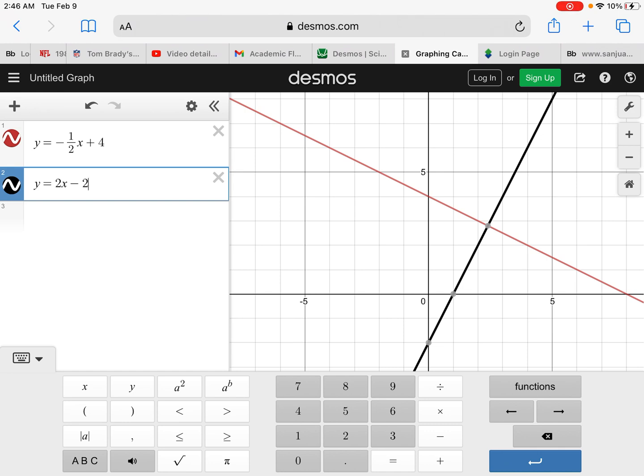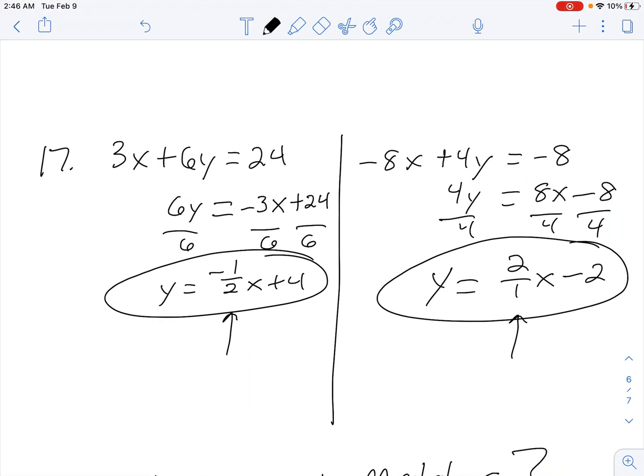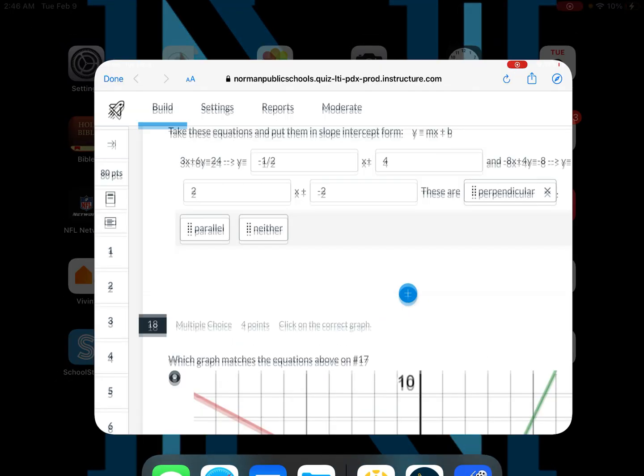You can see that the little x is on the right side of the y-axis, and you've got a y-intercept of 4 and a y-intercept of -2. Then you just have to match that graph to the ones in your answers.